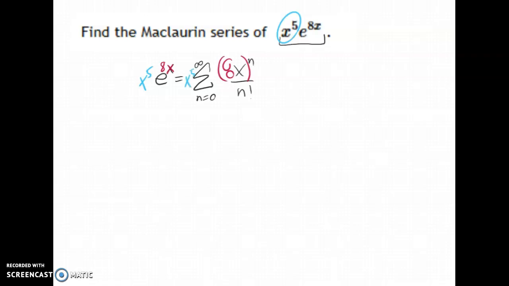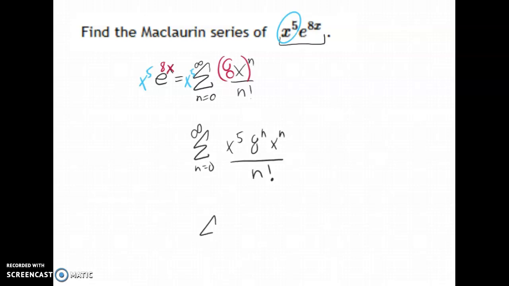And now I just need to do some algebra. And using the exponent rules and multiplying this x to the 5th, we will get x to the 5th. And then by my exponent rules, this n applies to both the 8 and the x. And in the denominator, I have n factorial.